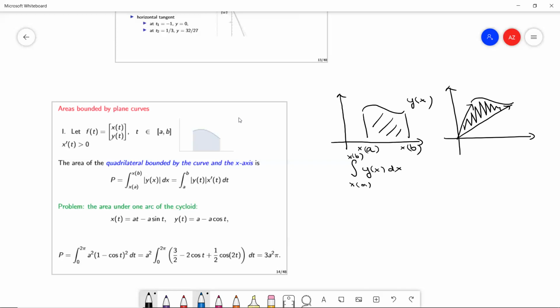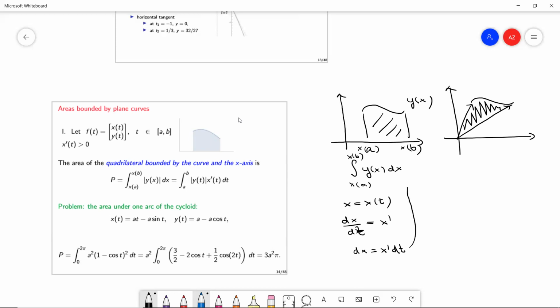But if you want to express this in terms of the parameter t, we do the substitution. So we know that x is x of t, and then dx over dt is x prime. And so dx is x prime dt. This is just the substitution of variables, known from analysis.